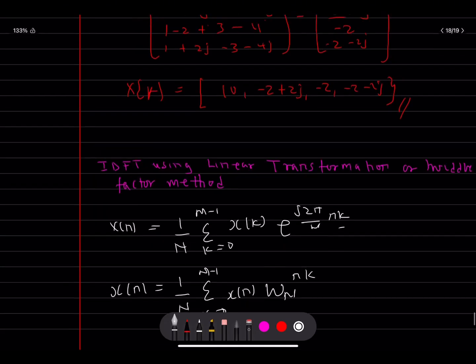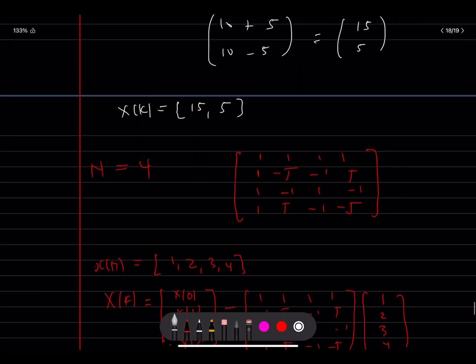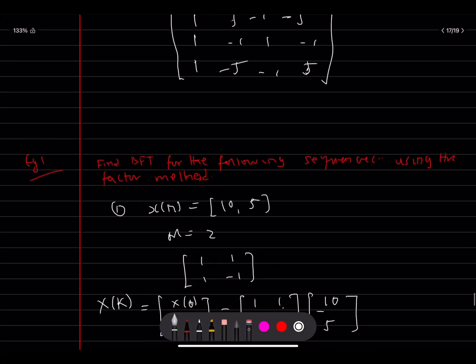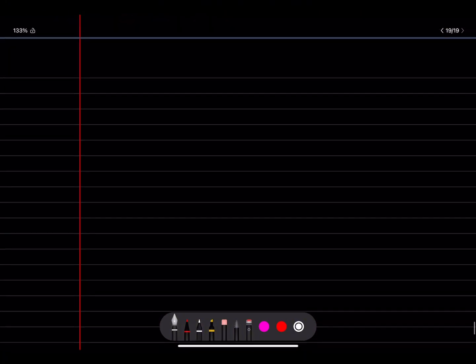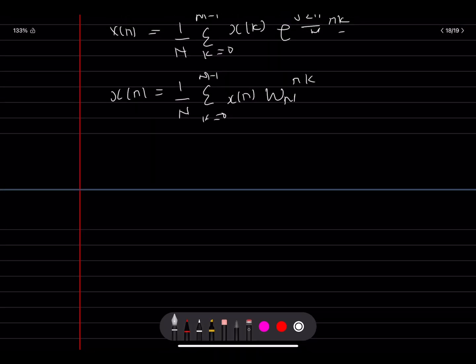In my previous tutorial, I showed you when you are finding the Twiddle factor, this is the forward DFT, and this is the inverse. The only thing that I did is to switch the negative sign, which we call the complex conjugate. So if you are finding the IDFT, the Twiddle factor matrix is supposed to be the complex conjugate, and this sign means the conjugate of whatever is here.